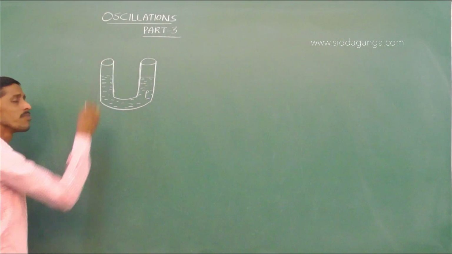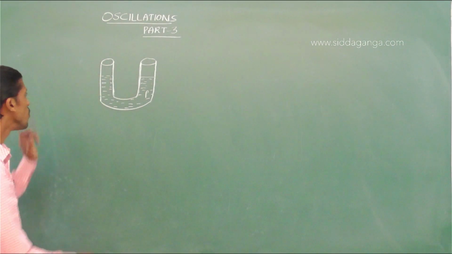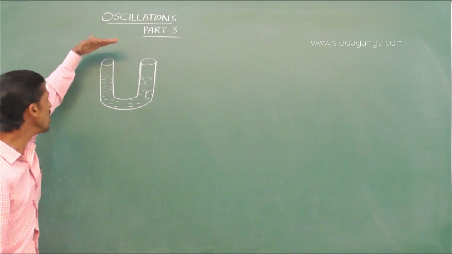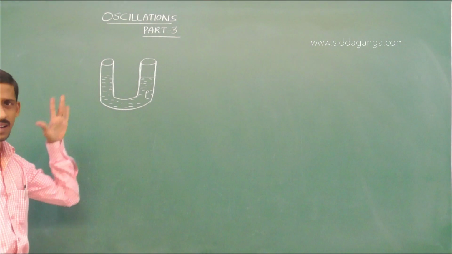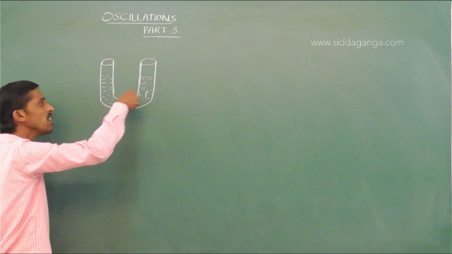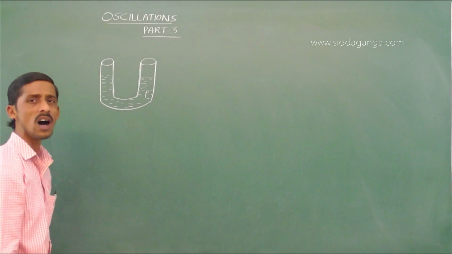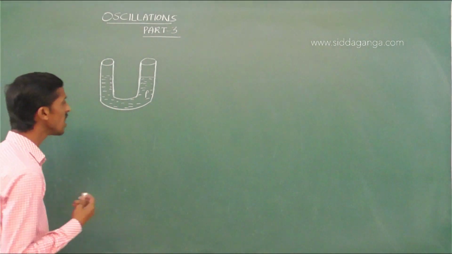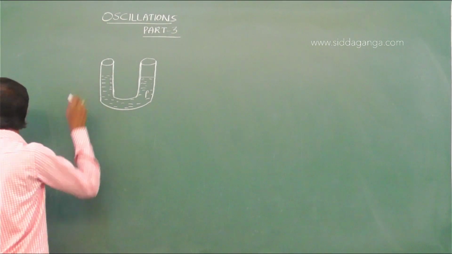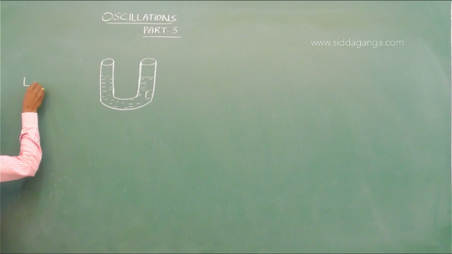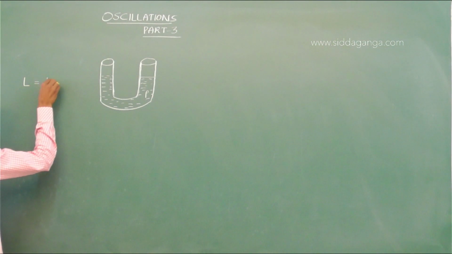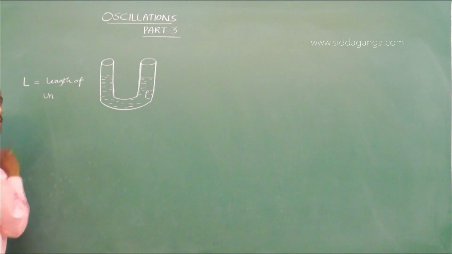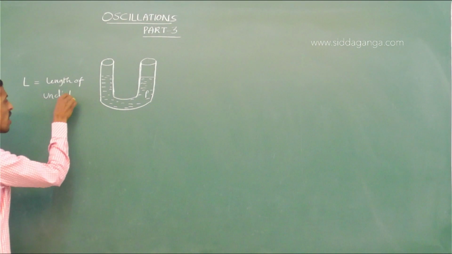Whenever the liquid in one limb or one side is compressed and released, the liquid in this U tube will start to oscillate simple harmonically. In such a case, let the total length of the liquid be L, the length of undisturbed liquid.